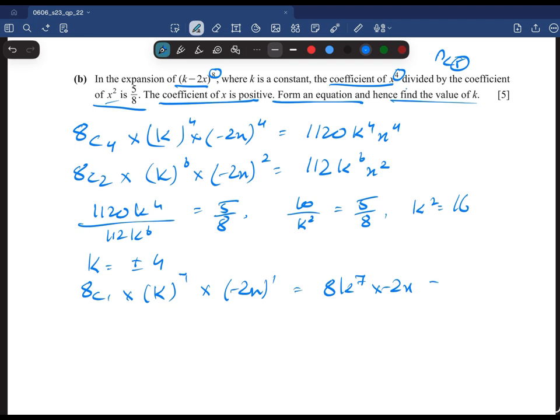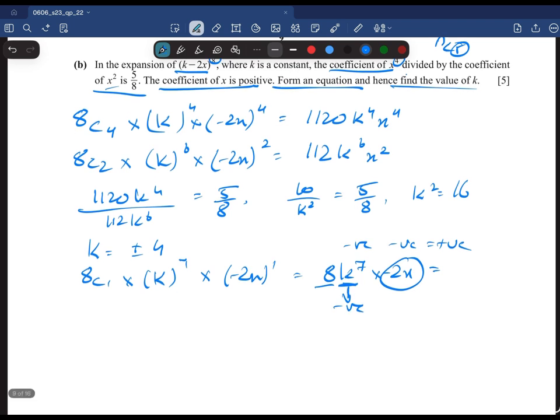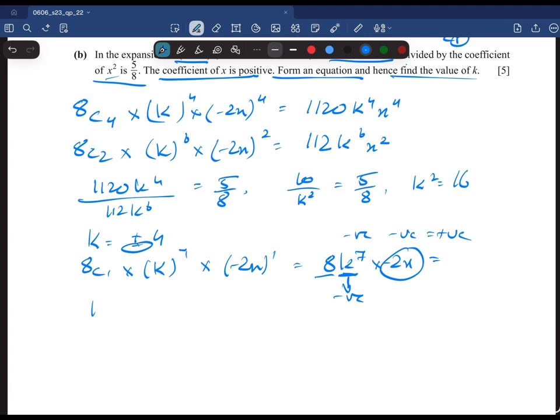Okay, for this to be positive, we would need this number to also be negative, because we are multiplying with a negative number and two negatives make a positive. So as it is already positive, we need this to be negative, and hence we get k being equal to -4. There you go, that's the answer.